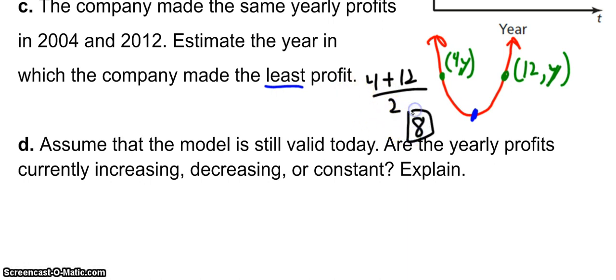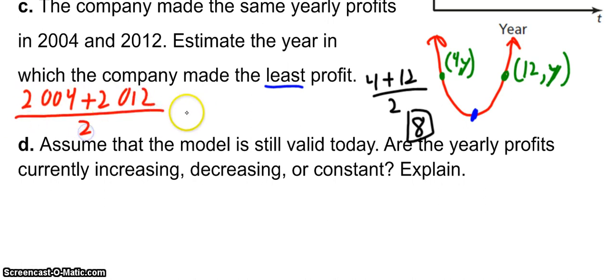I can apply that same thing with 2004 and 2012. So 2004 plus 2012 over 2 is going to equal 2008. So 2008 is when I am going to believe that the company made the least profit.